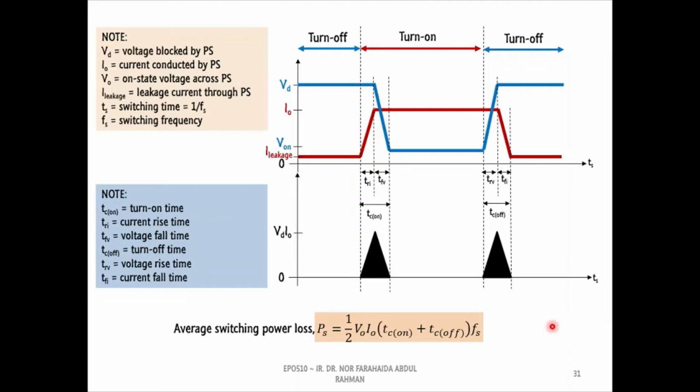Nevertheless, based on the equation, we can see that the switching power loss is directly proportional to the frequency or the switching frequency of the power switch, where the switching frequency is equal to 1 over the switching time.